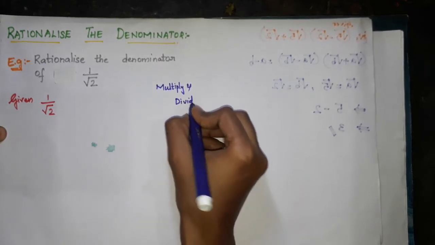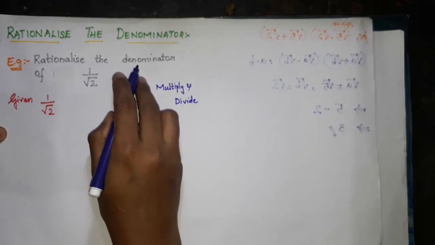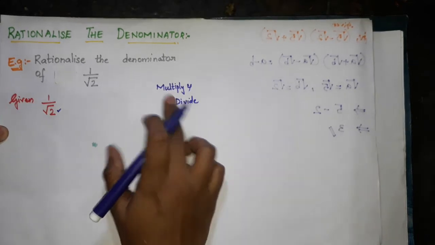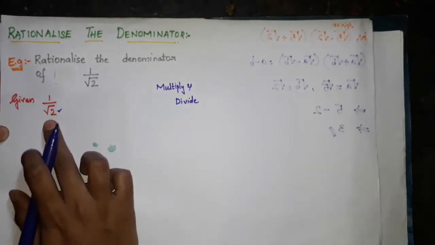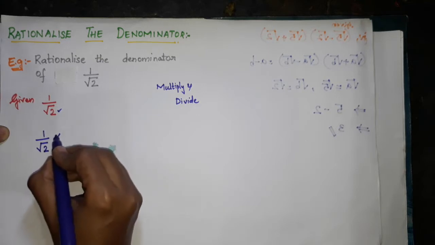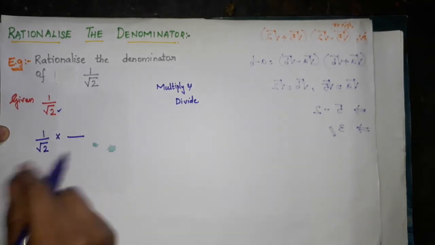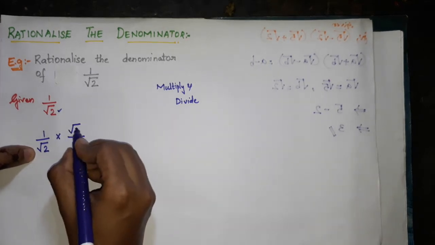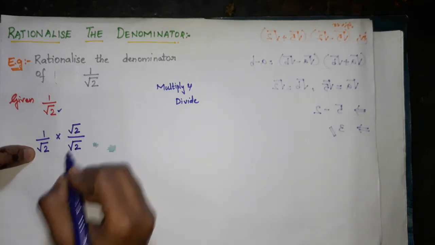Now children, the denominator, you already know this is the denominator. So what we have to do is multiply and divide with the denominator. So that is 1 by root 2. By what number do we have to multiply and divide? By root 2. Root 2, I am going to write it.